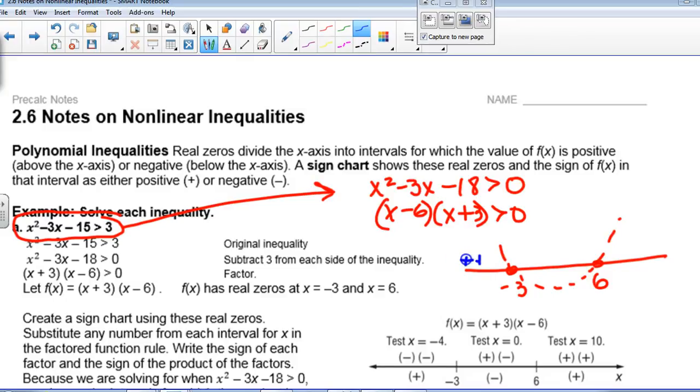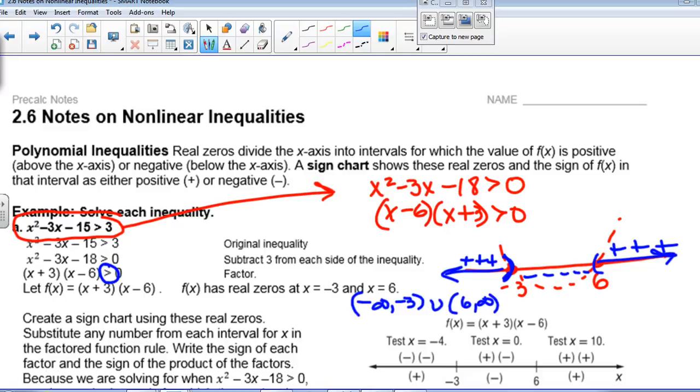Okay, it's positive out here, it's negative in here, and it's positive out here, right? Above and below the x-axis. So the question said, where is it greater than 0? It is greater than 0 over here. Negative infinity to negative 3. And to the right over here from 6 to infinity.